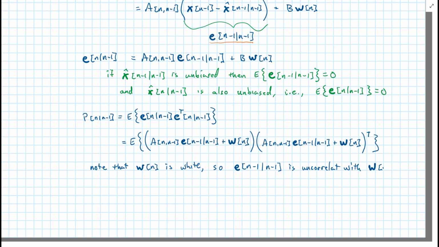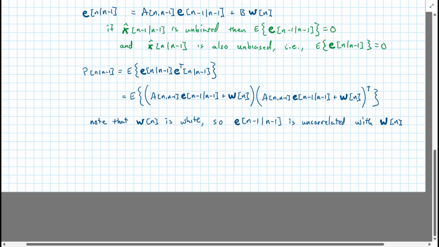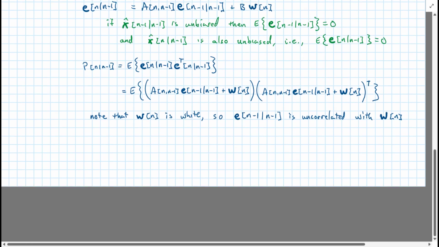This is going to be a nice simplifying step. That's because the error is based on quantities that have not yet seen W of n. It's based on everything up to time n minus 1. So as a result, we can write this.